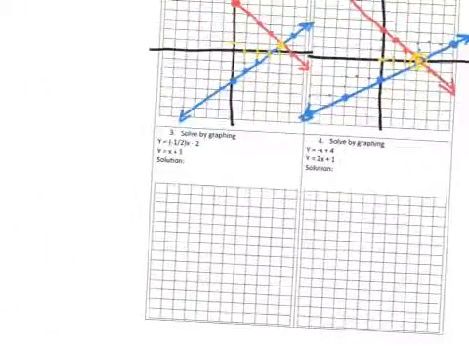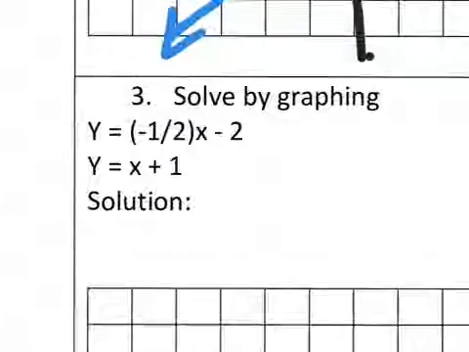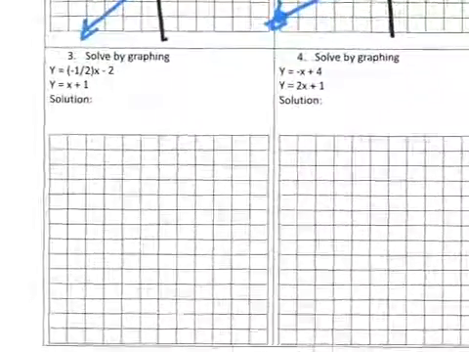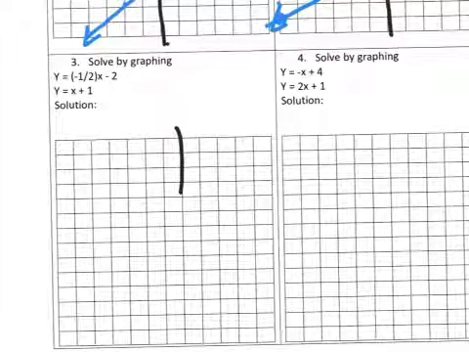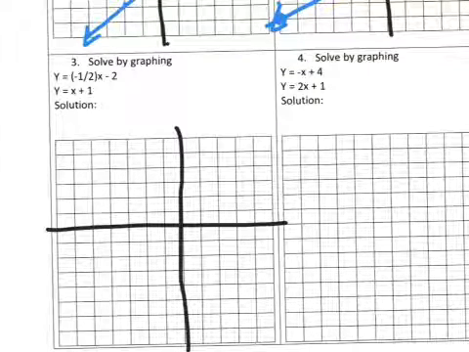Okay. Next up, we have a slope of -1/2, down 1, right 2, and a y-intercept of -2. And then here we have a slope of 1 and a y-intercept of 1. So we'll be graphing. Set up our axes, nice and neat.